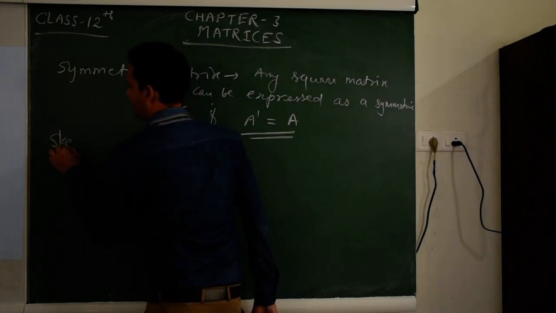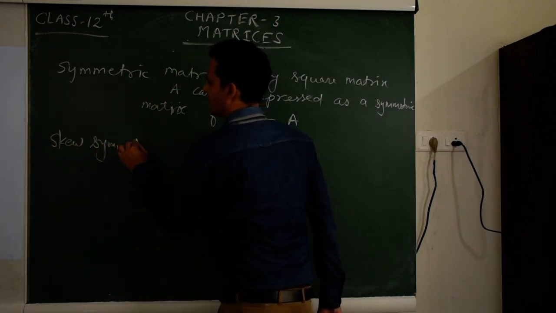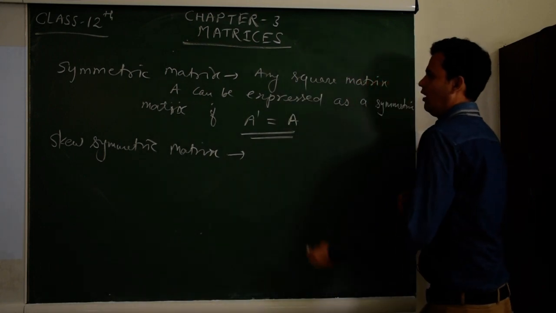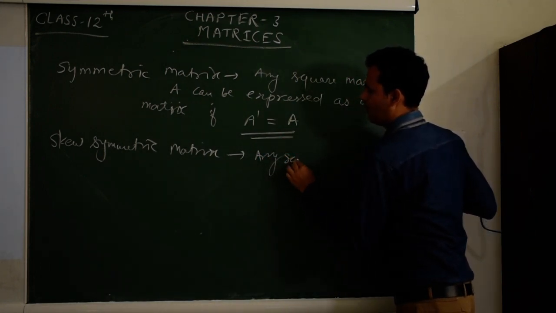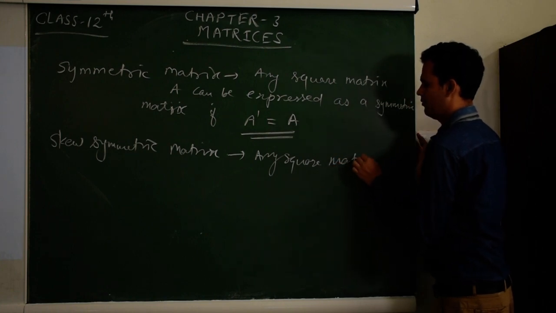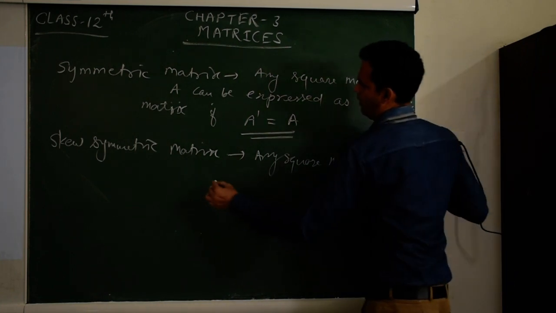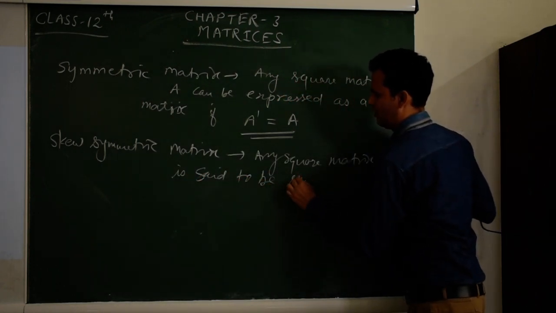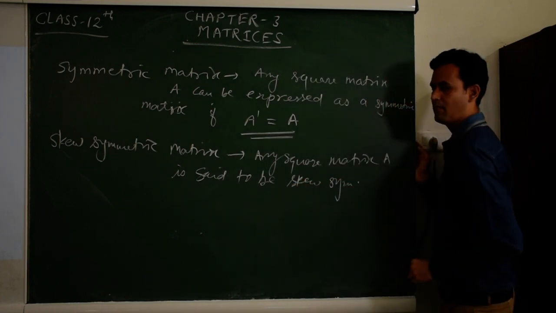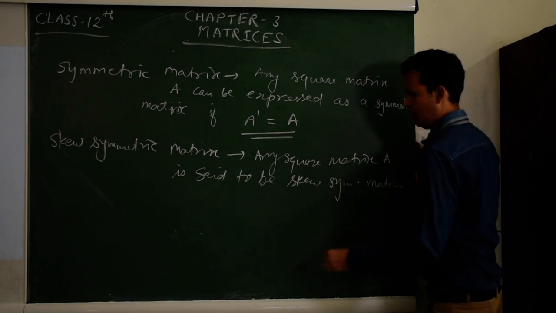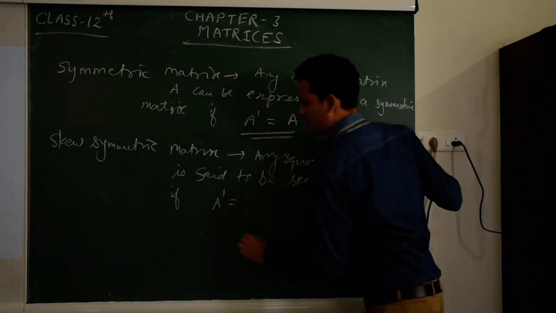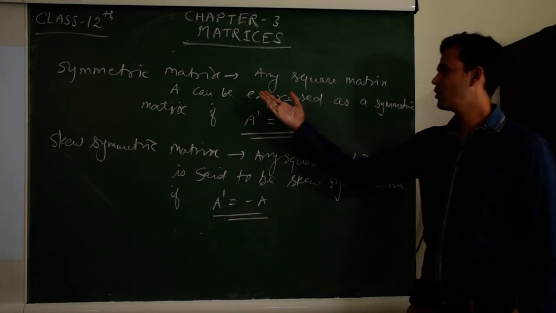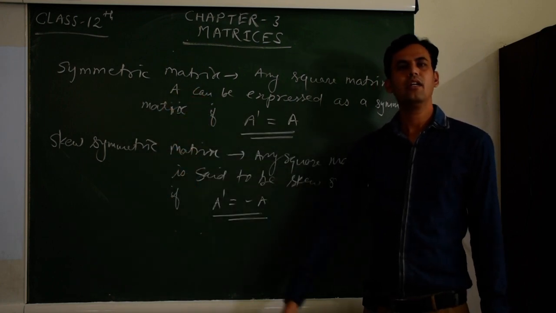Similarly, skew symmetric matrix. Any square matrix, here also square matrix, A is said to be skew symmetric matrix if A transpose is equal to minus A. Okay, so these are the two definitions of symmetric and skew symmetric.